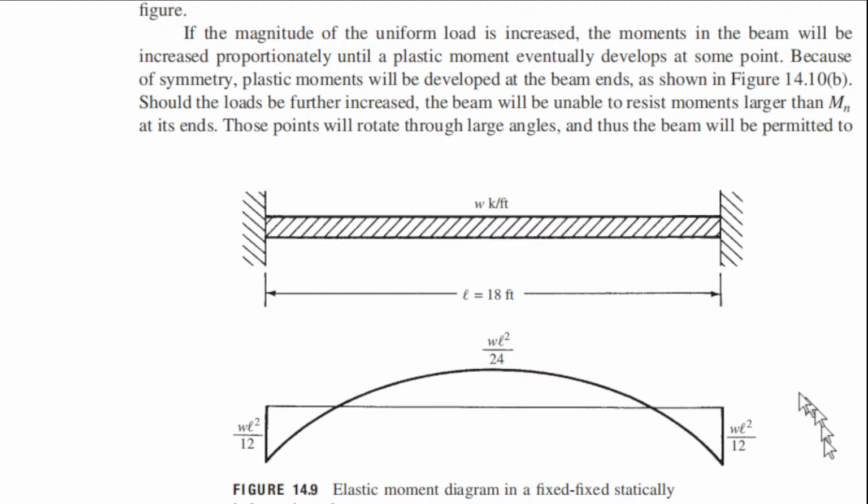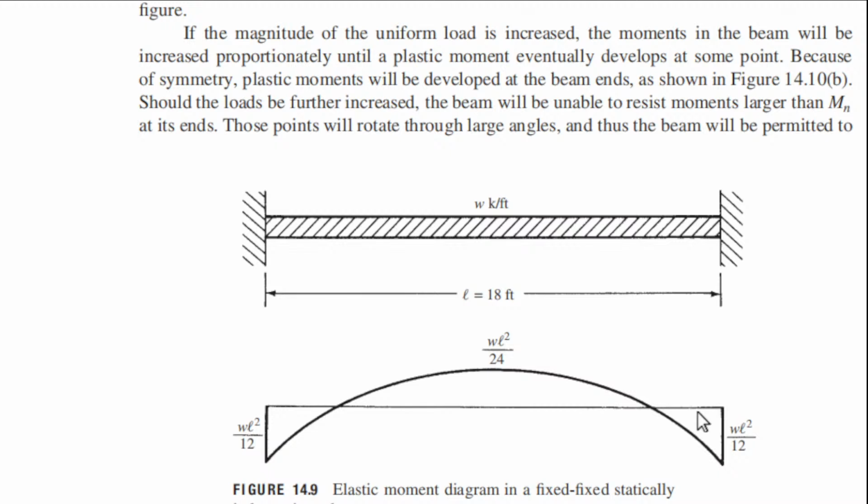Now, since the supposed nominal moment is 100, it cannot resist the 108 anymore. It will only resist up to 100. What will happen to the 8? Because 108 minus 100 is 8. What happens to the 8?